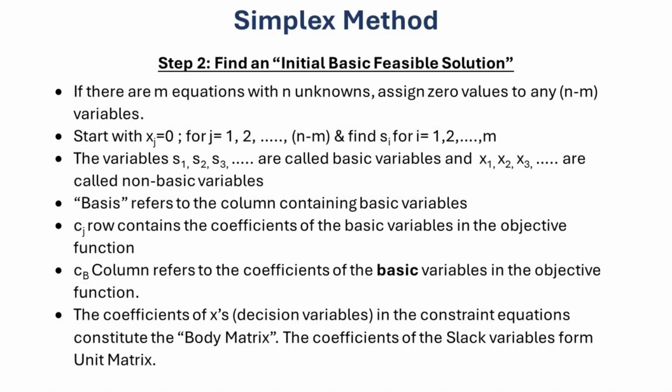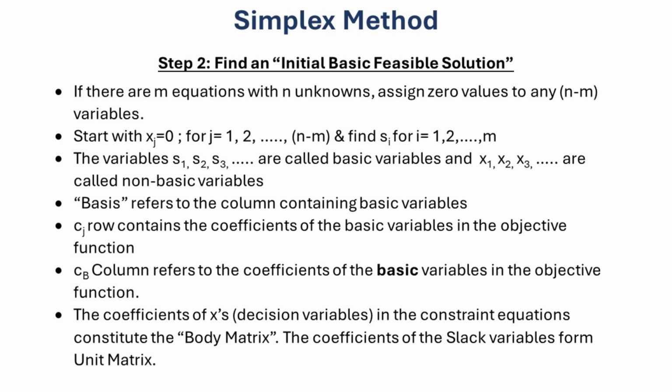I am reading it for you. Step 2 is finding an initial basic feasible solution. If there are m equations with n unknowns, then assign 0 values to n minus m variables. That is, here we have how many equations? 3 equations, and the number of unknowns are 6. See, x1, x2, x3, s1, s2, s3.